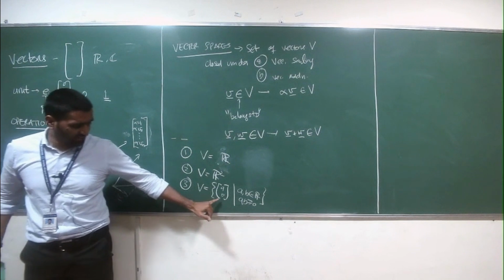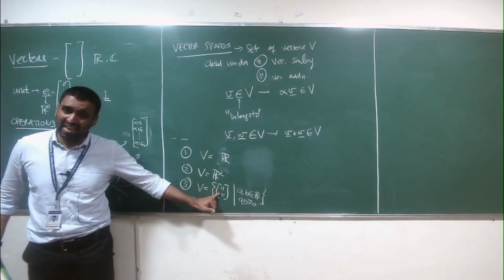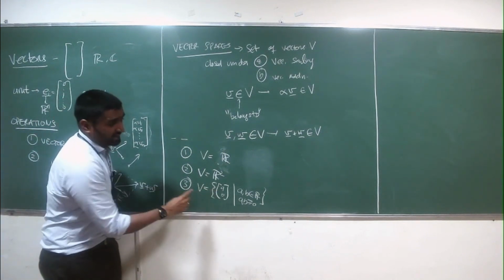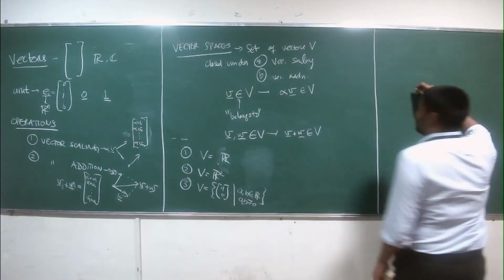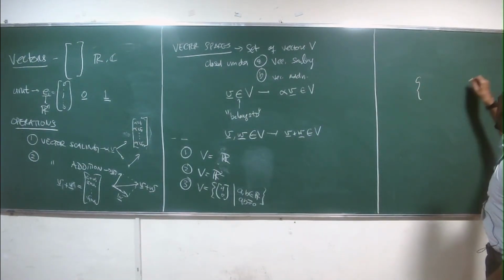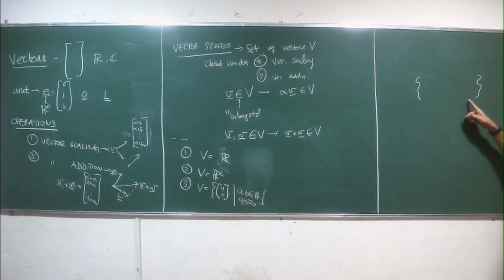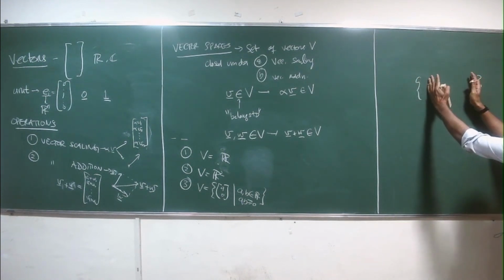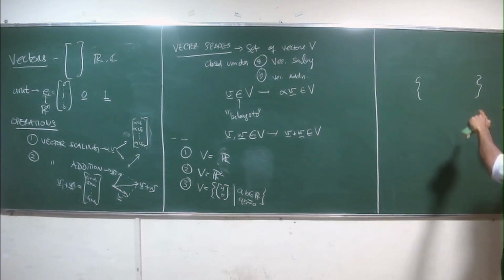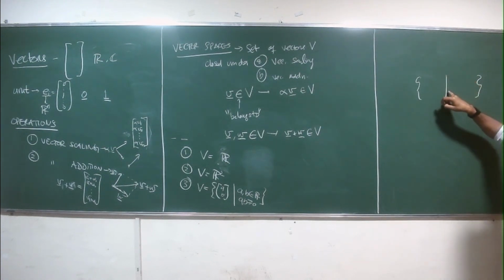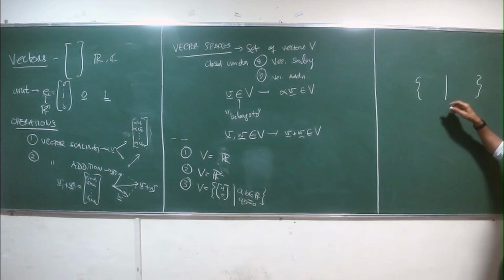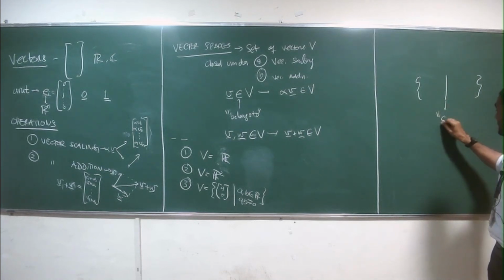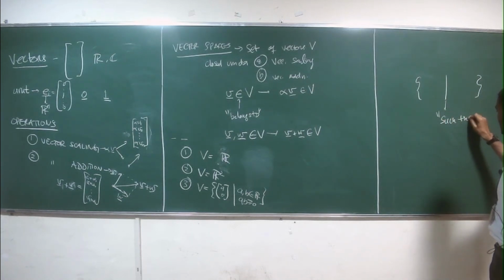So V is a set of numbers like this, A and B. Usually when you write the definition of a set, you place it in between two curly brackets. That means whatever is within this is a set that you're dealing with. Whenever you see a vertical line like this, you can simply read it as "such that".